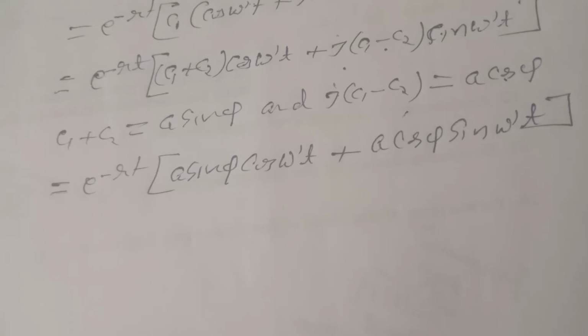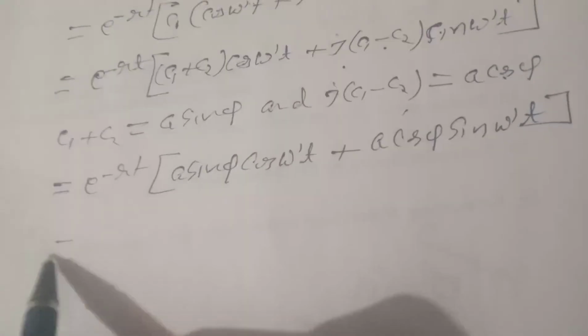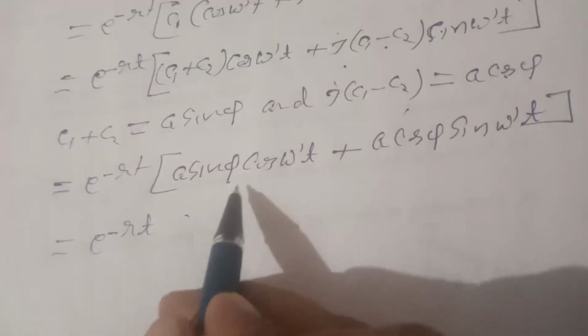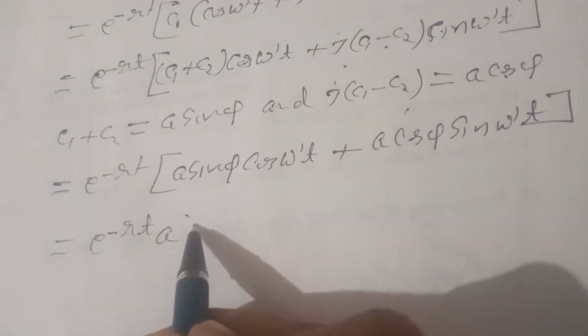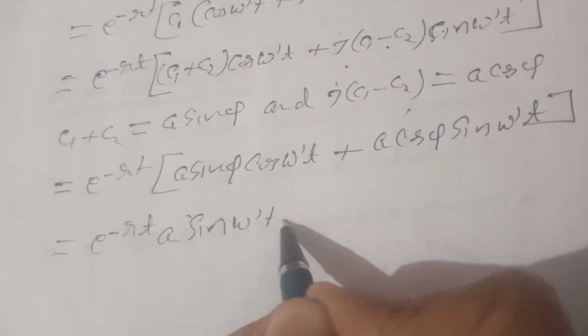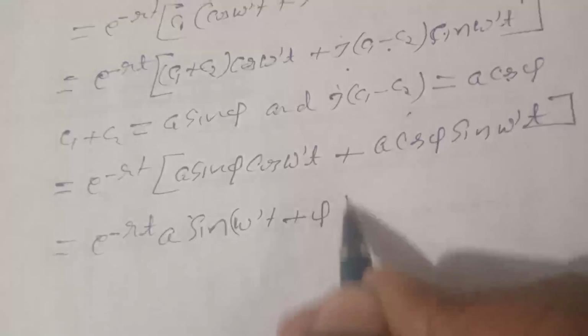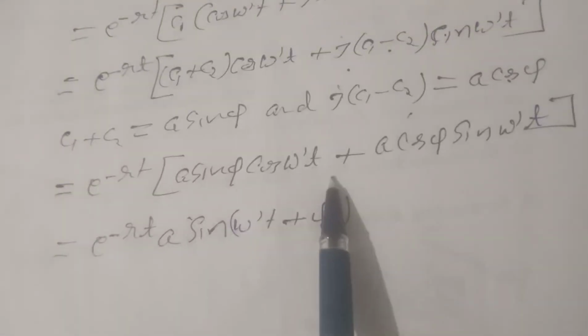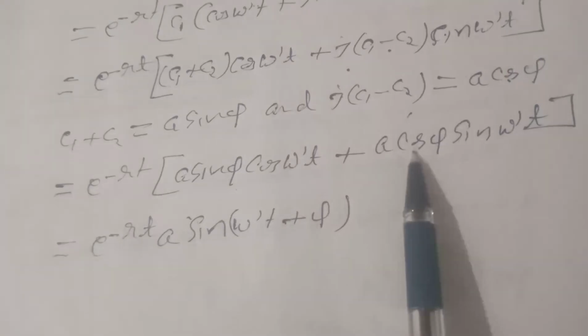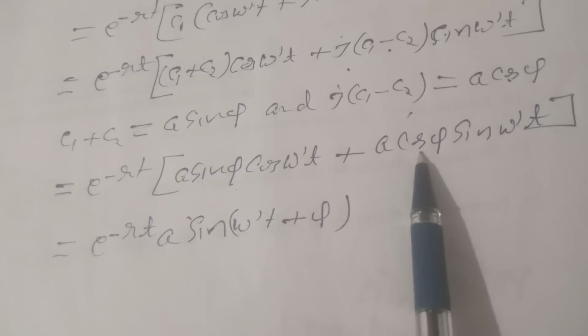This is the formula for sine c plus d. So it will be e to the power minus rt and a into sine omega dash t plus phi, because sin(a+b) equals sin a cos b plus cos a sin b.